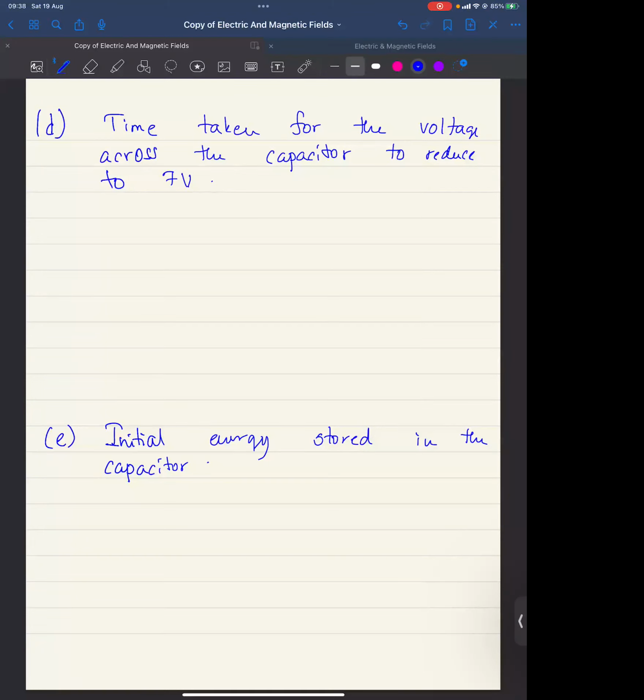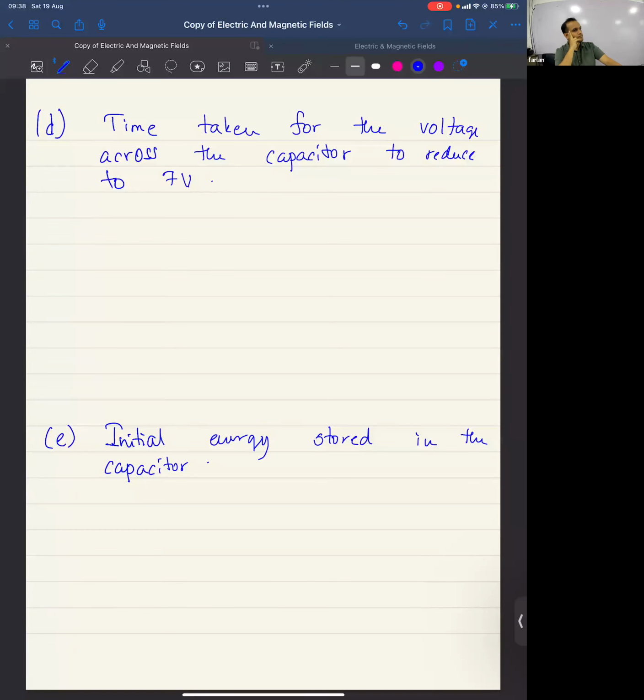Part E, initial energy stored in the capacitor. What gives the energy stored in the capacitor?